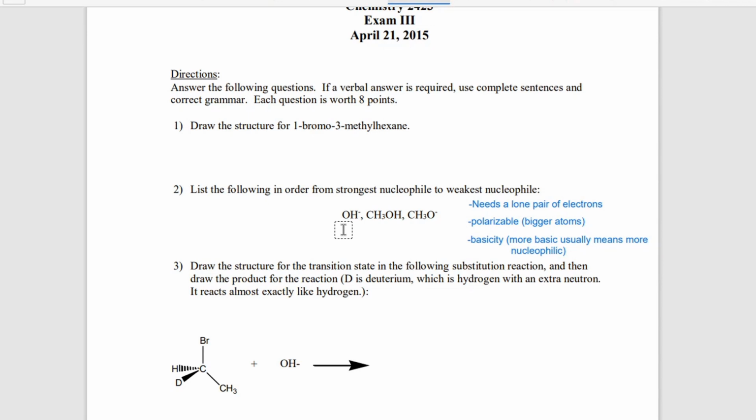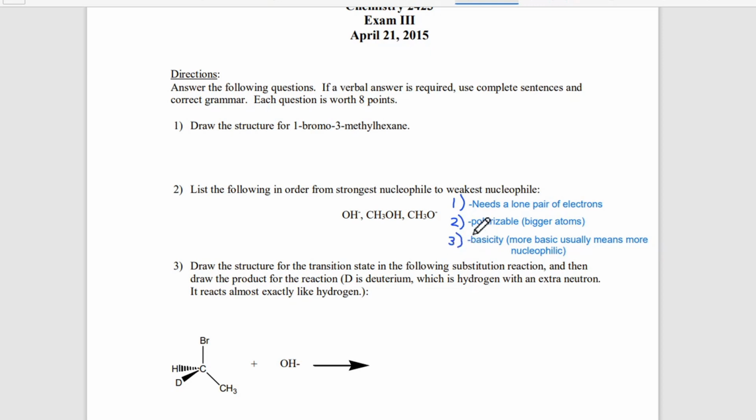If you compared oxygen with sulfur, sulfur is obviously much bigger, so therefore it is more polarizable. Note, like I mentioned here, that the first and most important thing is it needs a lone pair of electrons. It cannot be a nucleophile without one. The second most important thing is polarizability. That's going to have the second biggest effect. And then the third is basicity.